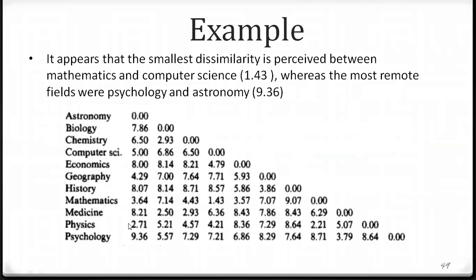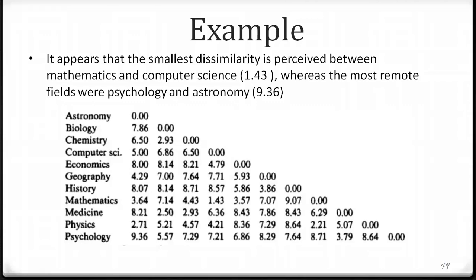Chemistry with astronomy it is 6.5. Computer science with astronomy it's 5. When we see this, we have very low values such as 2.71 and high values such as 8.43.